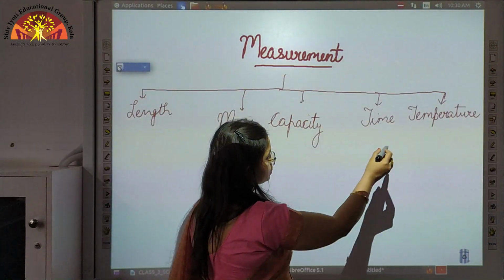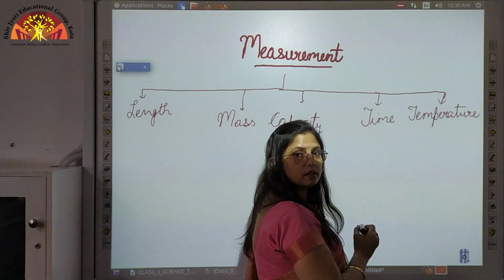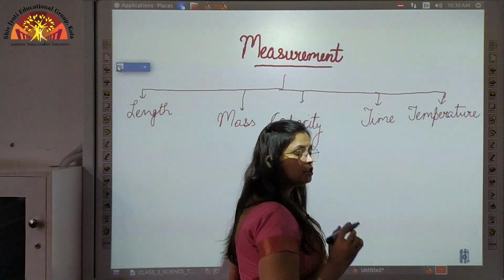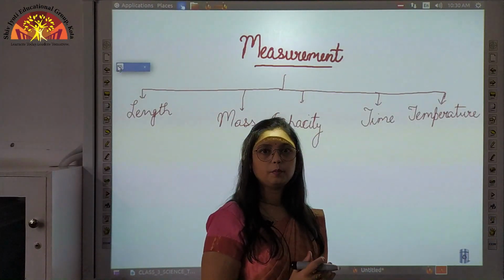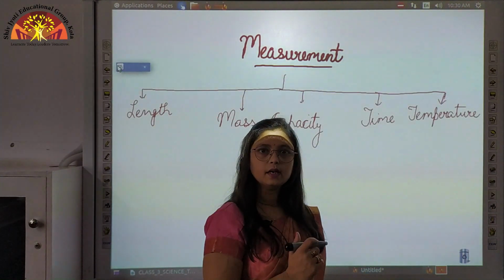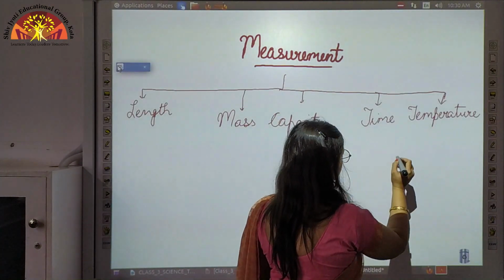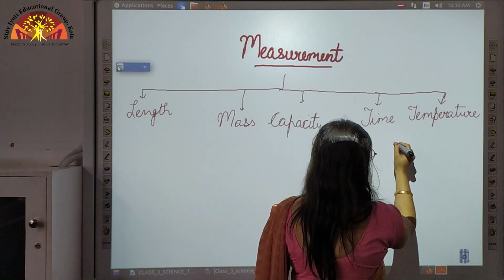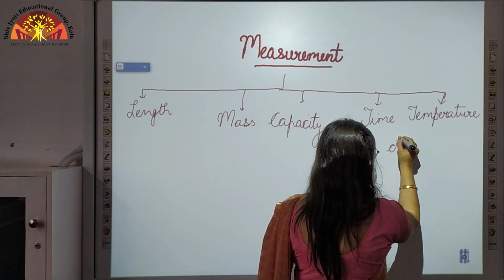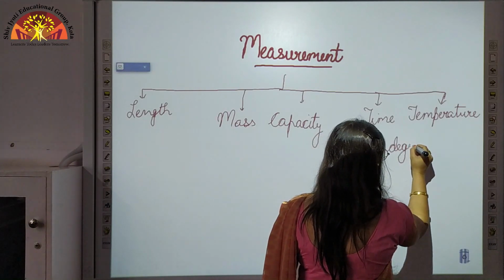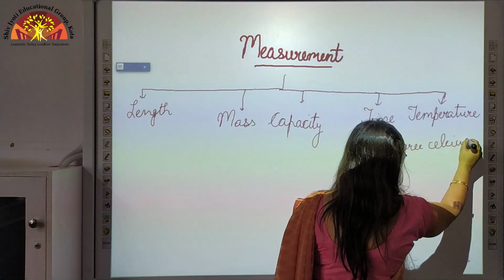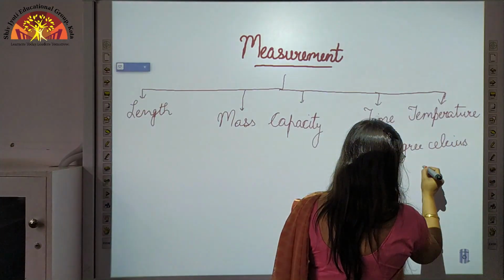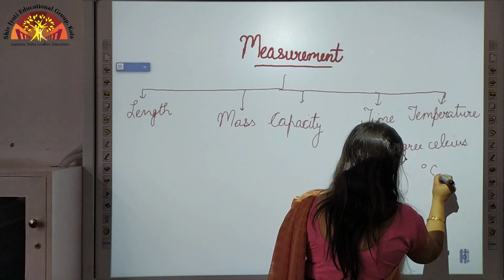Now let's move to the last quantity, that is temperature. So children, to measure how hot or cold an object is, we need the measurement quantity which is called temperature. Here the standard unit for measuring temperature is degree Celsius, and this degree Celsius is written like this.